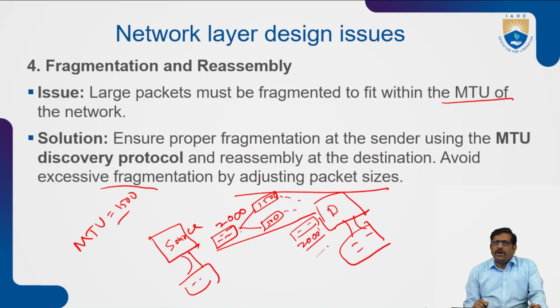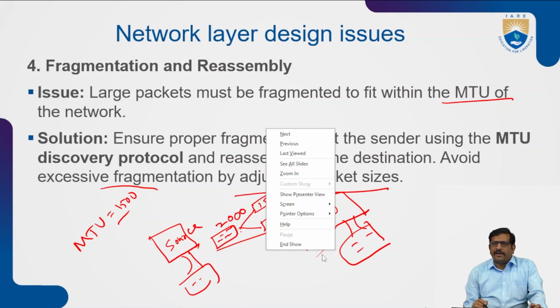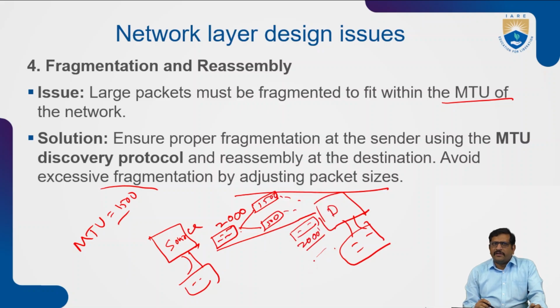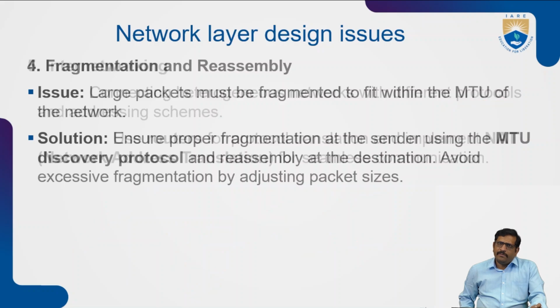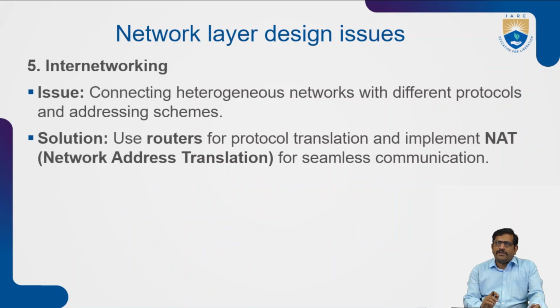At the receiver side it is reassembled, giving the original size of the packet we transferred. This avoids excessive external fragmentation by adjusting the packet size to equal the frame size. Like this, the fragmentation and reassembling issues can be resolved by the reassembling process.